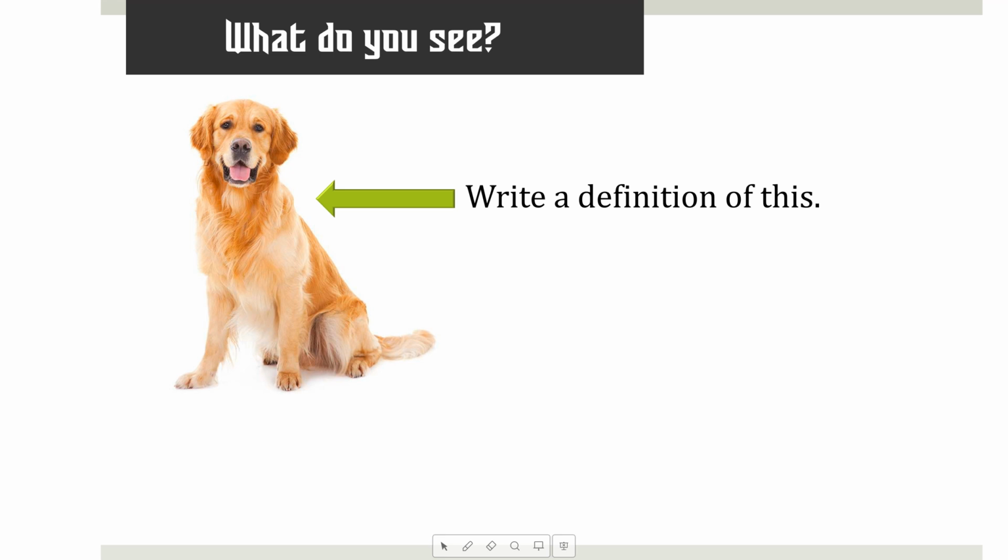All right, so, a living thing. A dog is a living animal. I put a living organism. Does that work? Can cats be kept as pets?